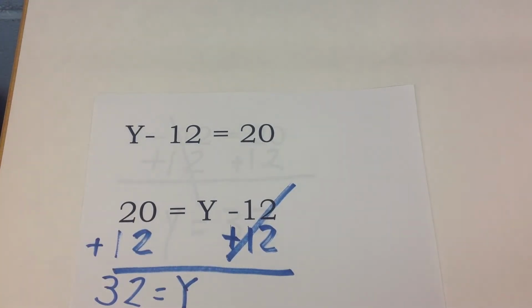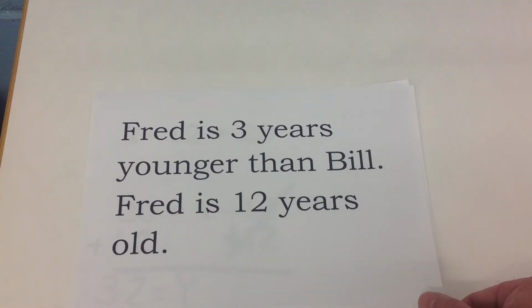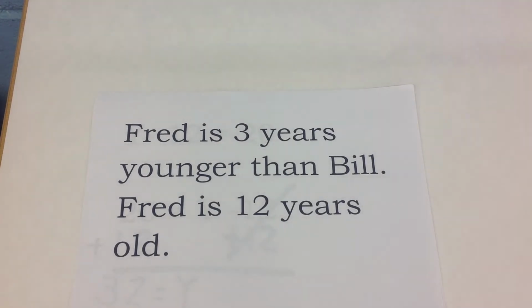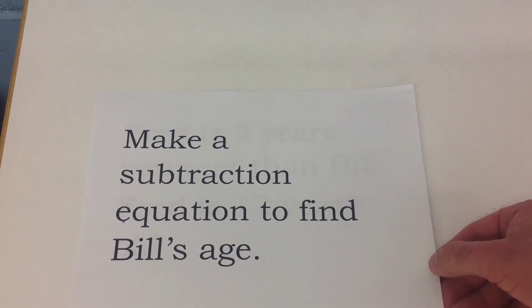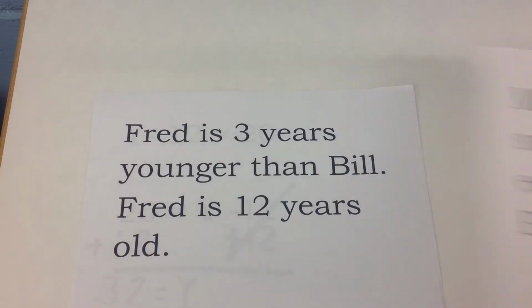Let's try a word problem. Fred is 3 years younger than Bill, and Fred is 12 years old. How could we make a subtraction equation? So we want to make a subtraction equation to find Bill's age. Again, here is the problem. Okay, we know that Fred is 12 years old and he's younger, so Bill needs to be older.